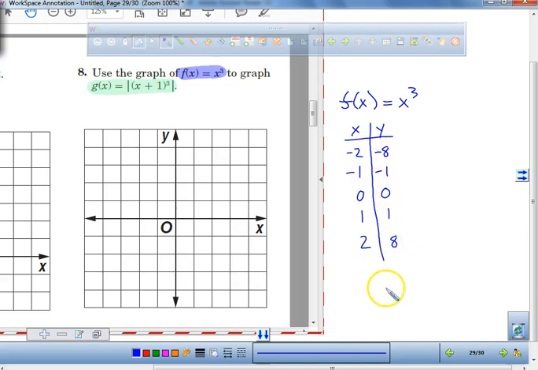We're going to carefully plot these points. Now we can't plot a -2 and a -8, but that still will help us know where to plot. We can plot these 3 points, but notice, in a cubic function, they're not going to connect like this. It's not a linear function, it's a cubic function.